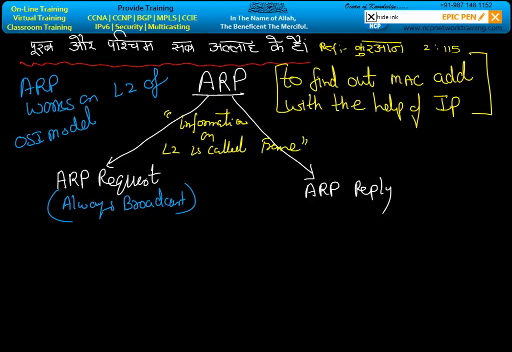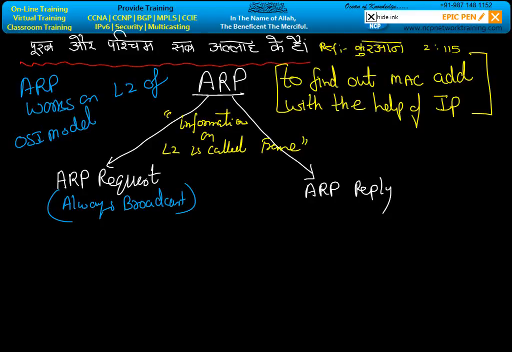So if any device wants to know the MAC address of the remote device, that means we are asking about layer 2 terminology. ARP works on layer 2, and on layer 2 we are demanding the MAC address.